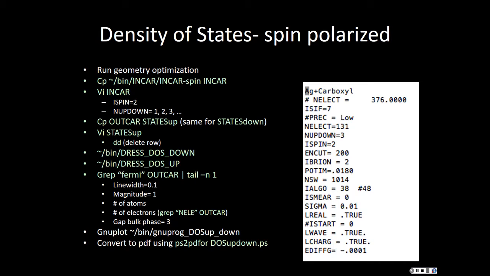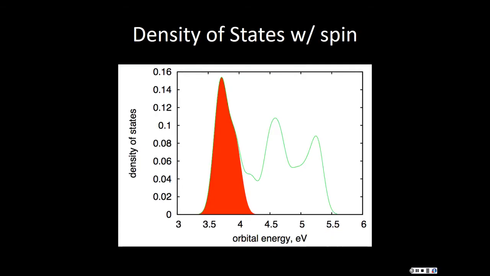Okay, well then we're at the point now where you could type in this second to last line and it will give you a .ps file as an output, and then you can convert that .ps file to a PDF file, and once you download the PDF file to your computer, you can just visualize the density of states graph like that. But this one is without up and down.